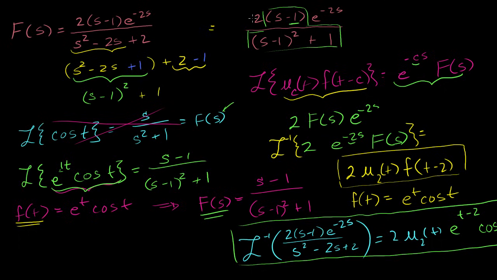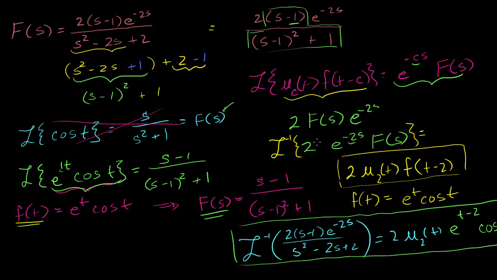So I kind of ignored that most of the time. But that's why I was very careful. I redefined f of t to be this, F of s to be this, and said, gee, if F of s is this, and if I'm multiplying it times e to the minus 2s, then what I'm essentially doing is fitting this pattern right here. And so the answer to my problem is going to be the unit step function.